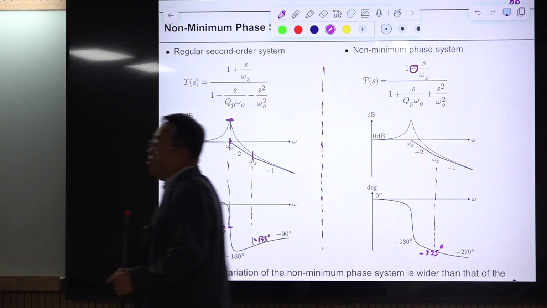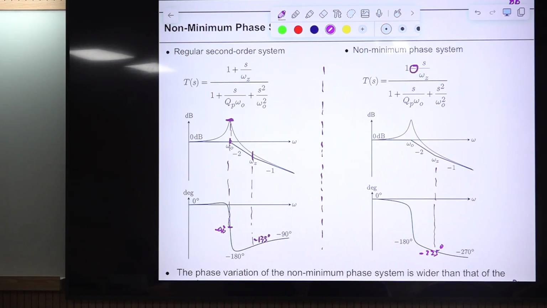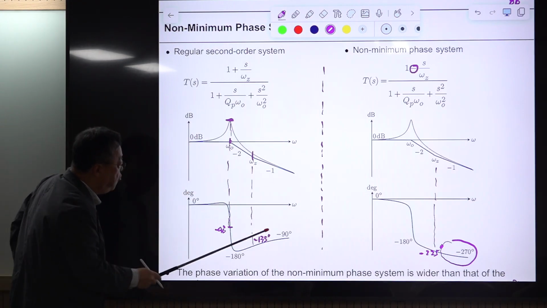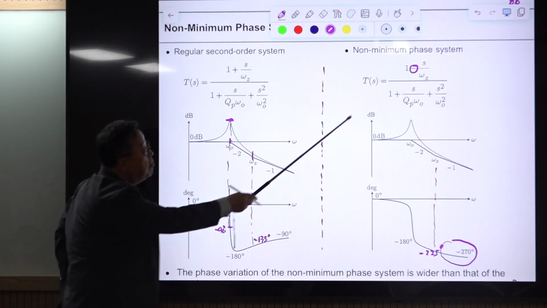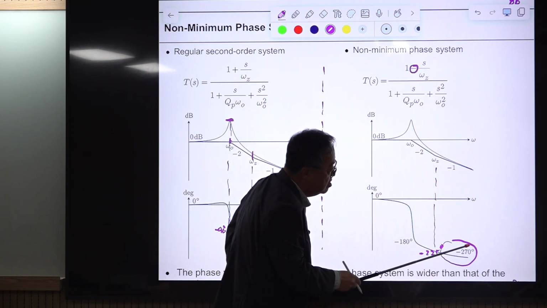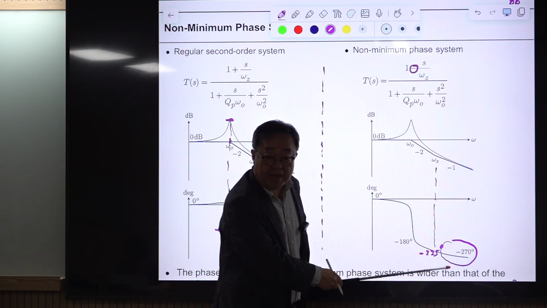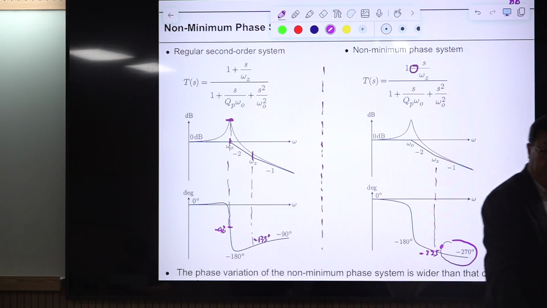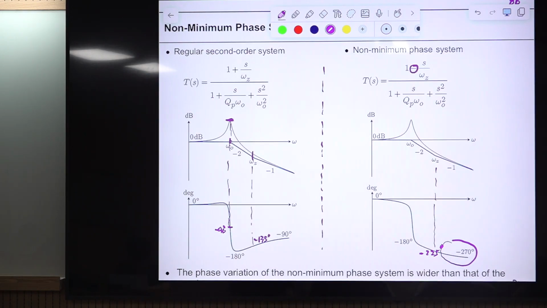And this characteristic is bothering us. In the regular system, the final phase is minus 90 degrees, but in this non-minimum phase system, the final phase is minus 270 degrees. This is very bad. In control design, very bad. In stability assessment, very bad to stabilize this one, and also bad to optimize the closed-loop performance of this PWM converter.